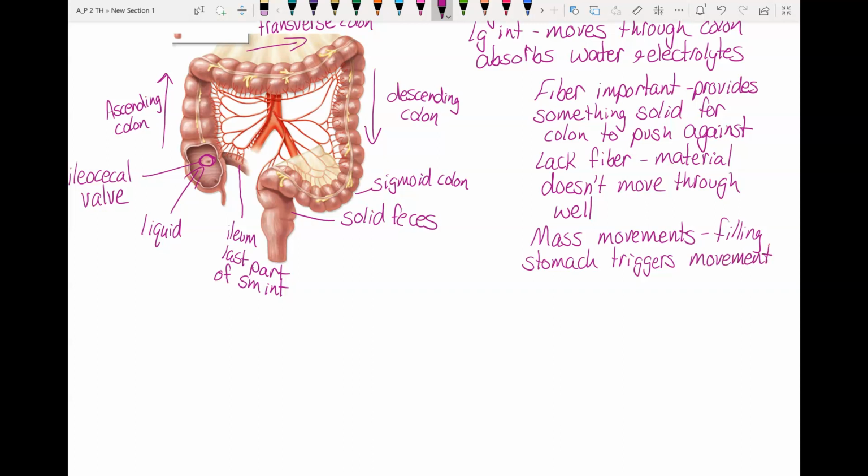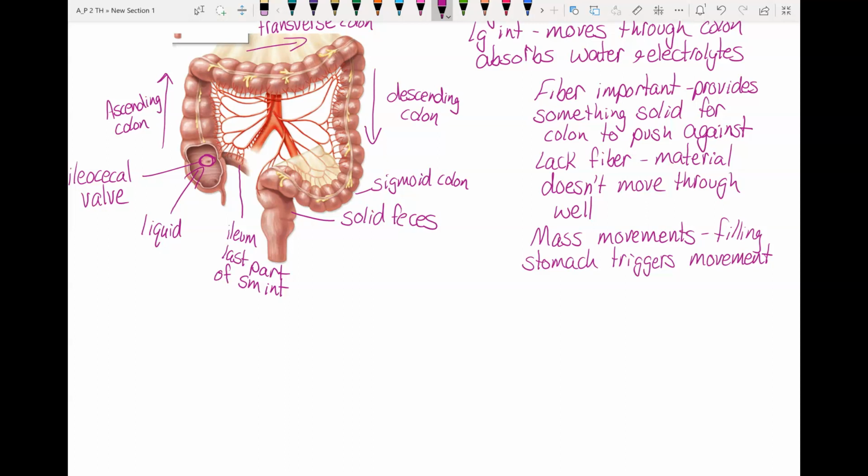So a lot of times emptying the bowels will occur right after eating. That's because when you fill your stomach, that triggers the large intestine to have a mass movement. It pushes everything along and then you get stuff to the end ready to come out.